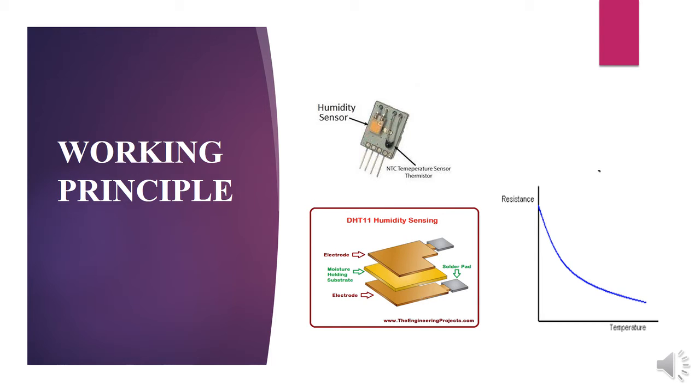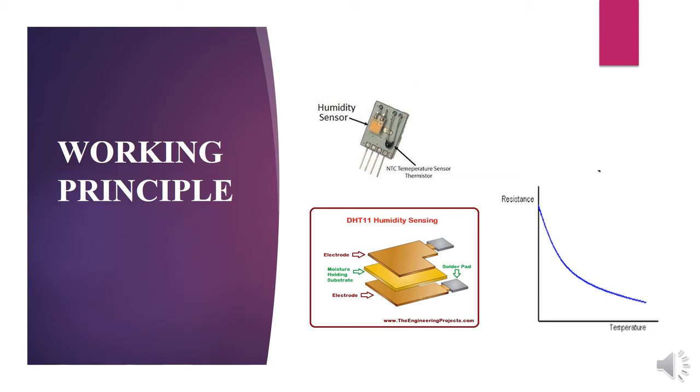What happens is that as the moisture or humidity changes, the conductivity of the substrate changes, or the resistance between these electrodes changes. This change in resistance is measured and processed by the IC, which makes it easy to read by the microcontroller. Coming to temperature, it has an NTC, that is the negative temperature coefficient temperature sensor, or a thermistor.